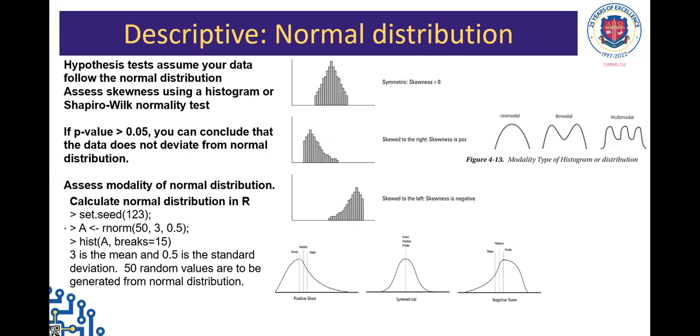And there's also a p-value that asserts a statistical significance to that skewedness. So if the p-value is greater than 0.05, you can conclude that the data doesn't deviate from normal distribution. But if it is less than 0.05 or 5%, then it's deviating from the normal distribution.